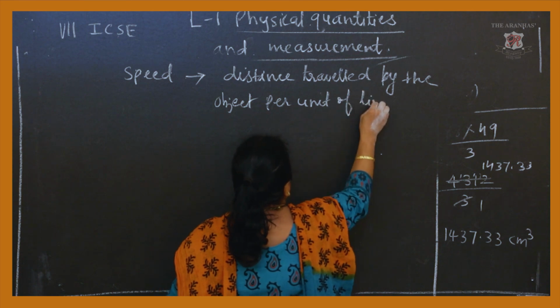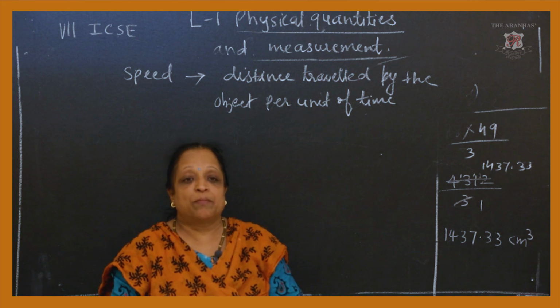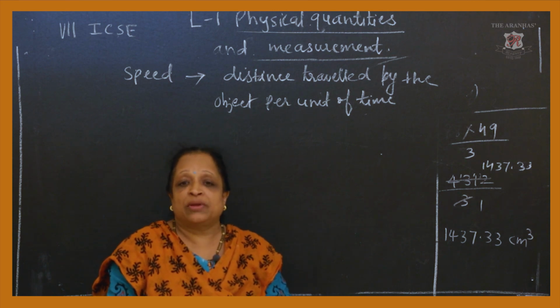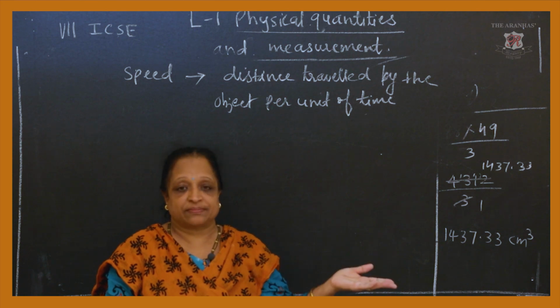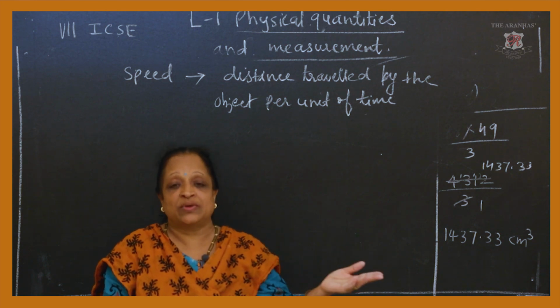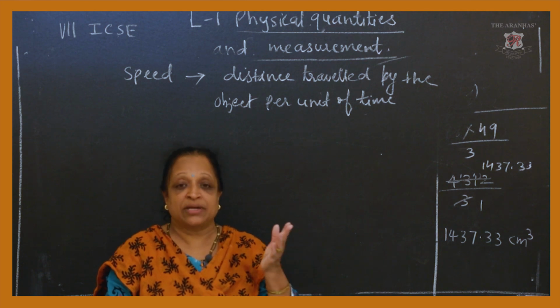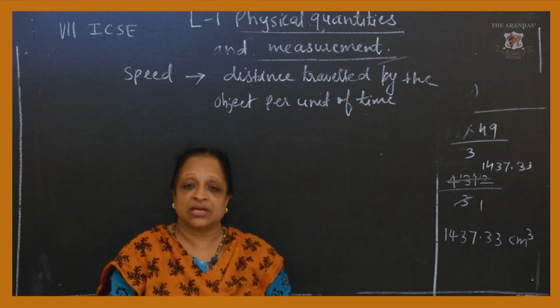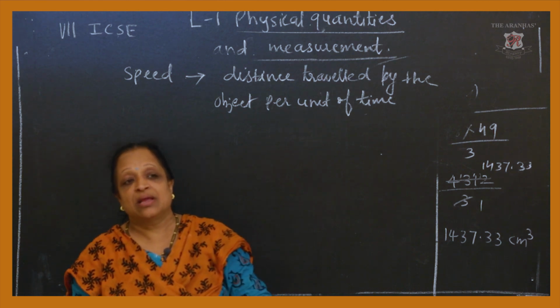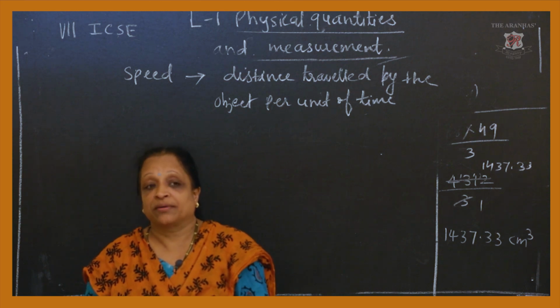And why is it said per unit of time? Because 1 minute, 2 minutes, 3 minutes, 4 minutes, 5 minutes, and then I reach some hours. If we are traveling, we always say that at 40 kilometer speed, I am going to reach in 1 hour or 2 hours or 3 hours, depends. That is why my speed will be 40 kilometer per hour.